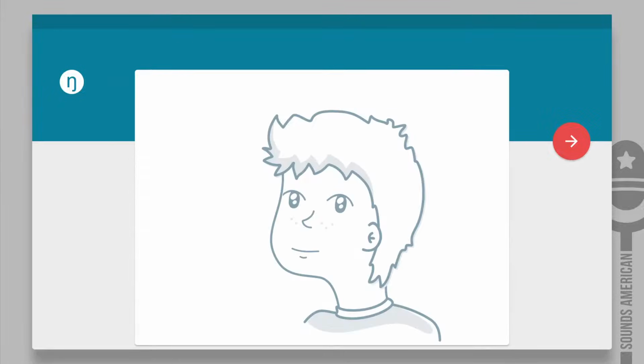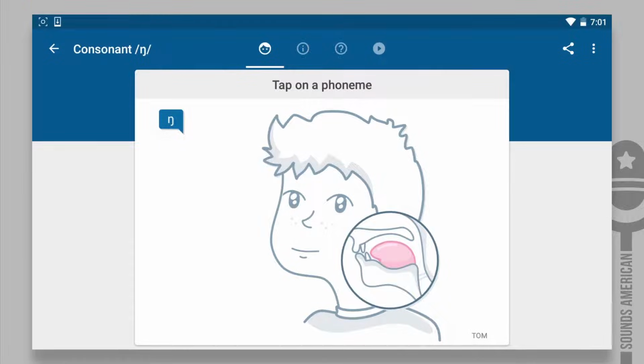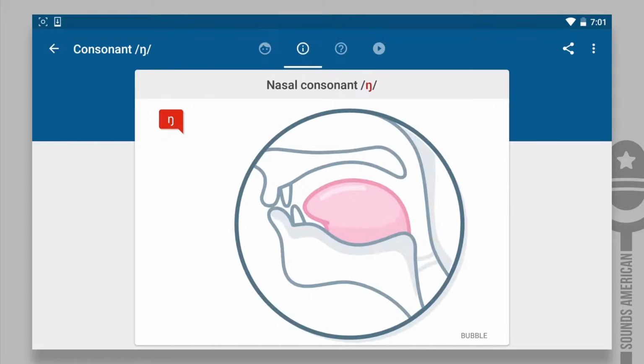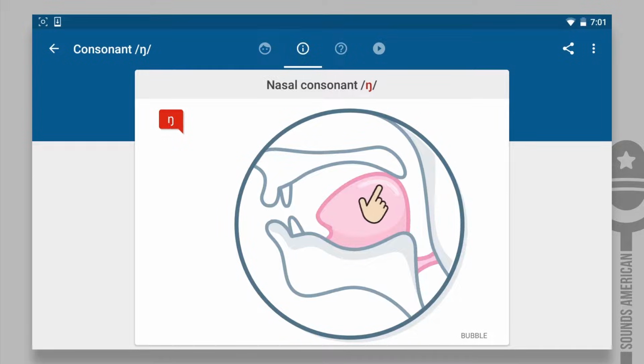And now, let's find out how to make the sound. To make the sound correctly, it's important to pass the air through your nose. Let's take a closer look at how to do that. Pull the back of your tongue toward your throat.